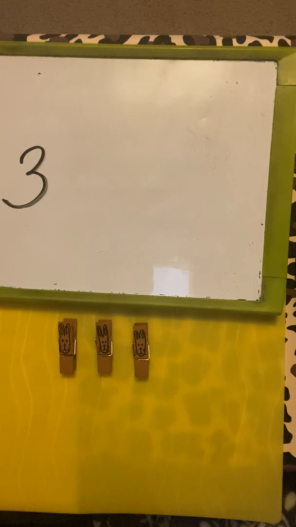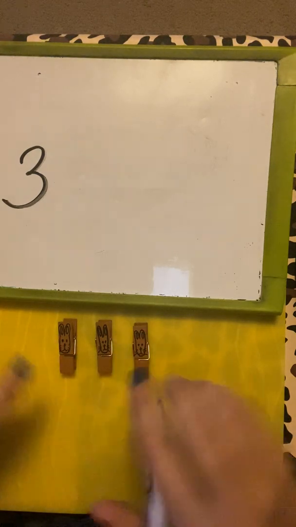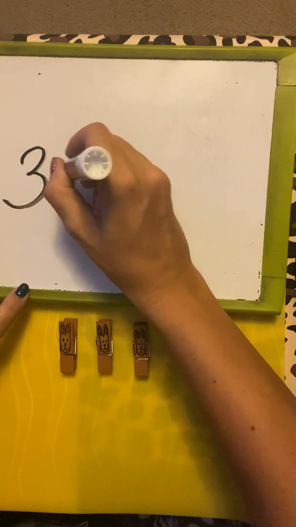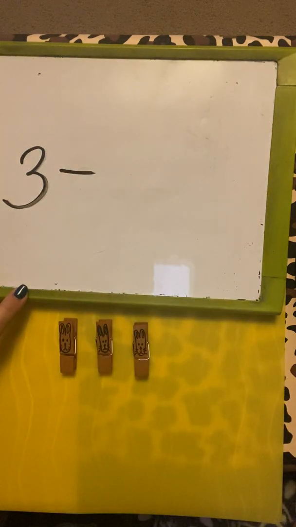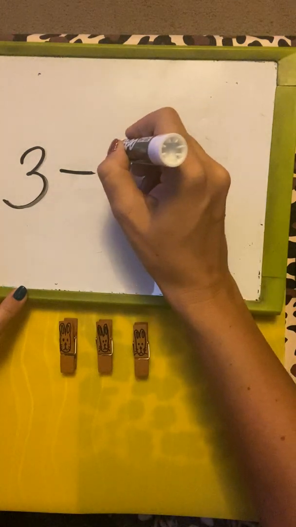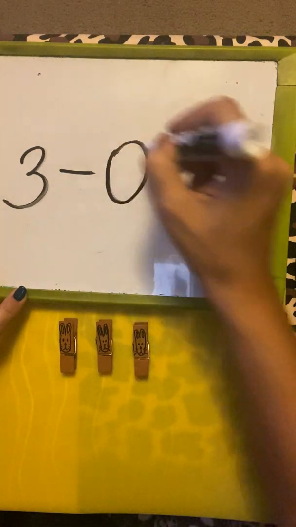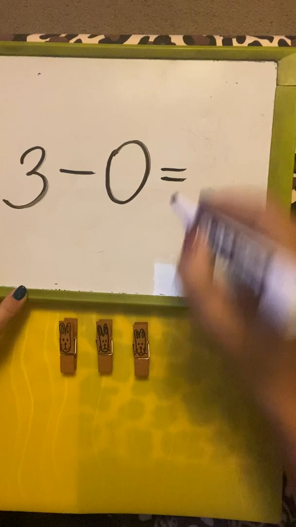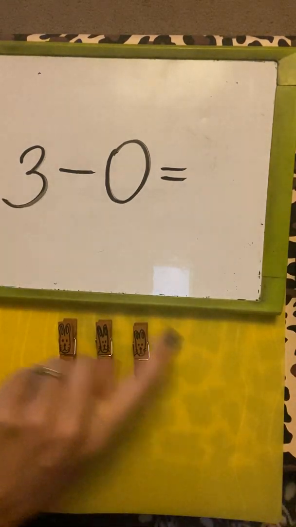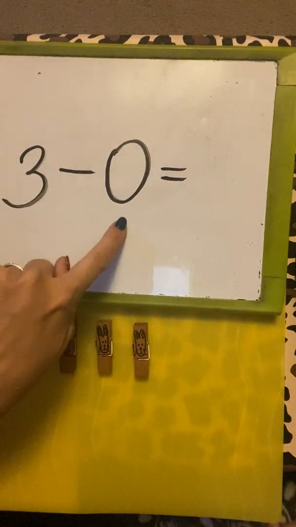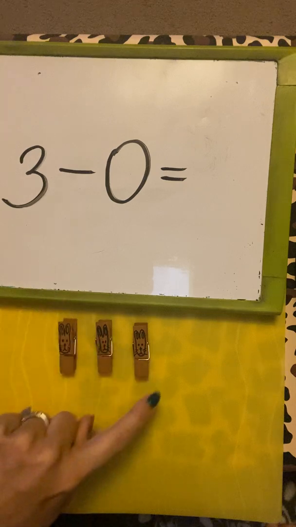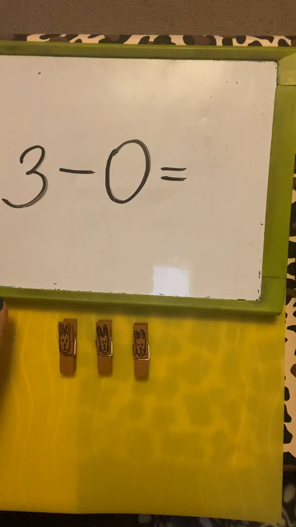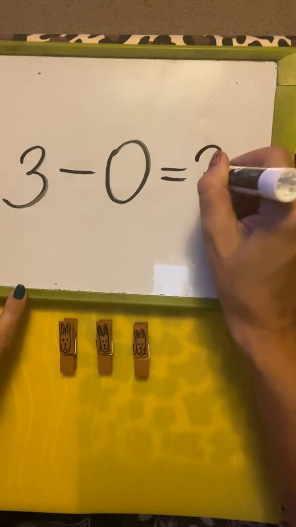She tried to get 3, right? But no bunnies left. So minus, because mom was trying to get them to come home, but how many bunnies left? 0. Equals, if we had 3 and no bunnies left, none went away, how many do we still have resting in the sun? That's right, 3.